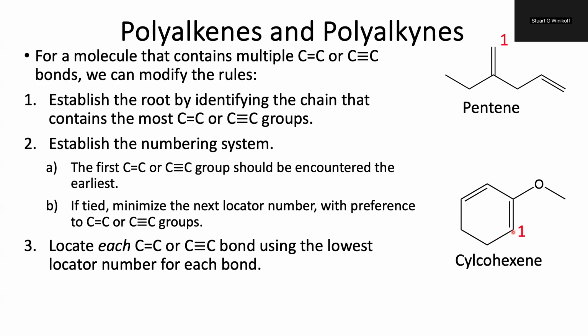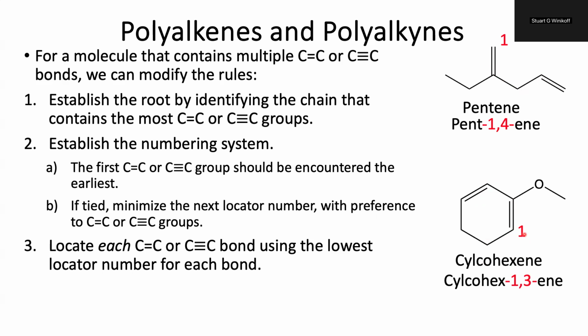And this would be one of those cases where we will go ahead and designate the one position on a cyclo group just for clarity. So our pentene becomes 1,4-pentene. And our cyclohexene becomes cyclohex-1,3-hexene.